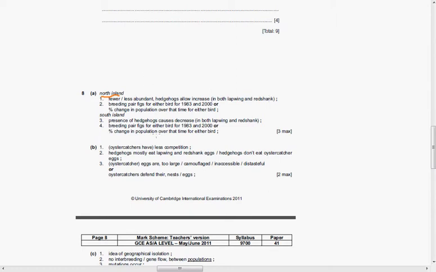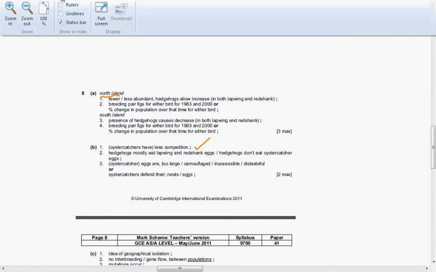And here we are given more specific reasons, just to give you an idea what kind of answers you're supposed to be giving. So there is less competition. Okay, this competition thing is very important. It's very significant to be noted.